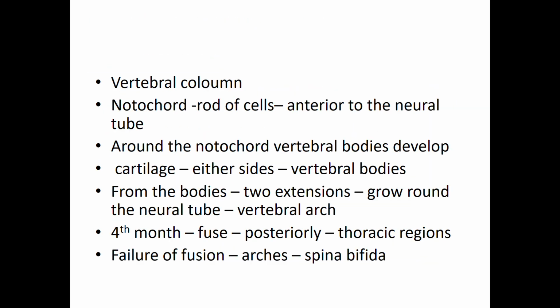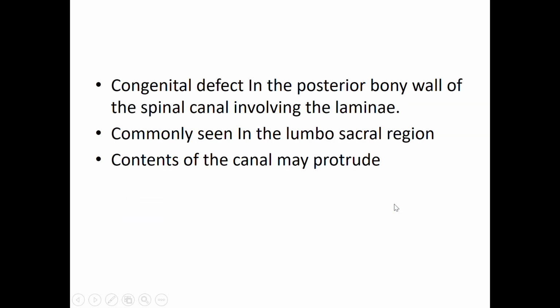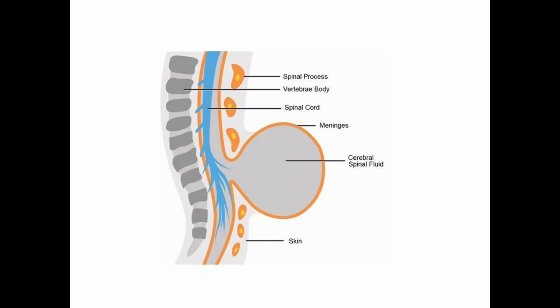In the later stages of life, this lumen of the neural tube continues as a central canal. So in the syringomyelocele, the problem is with the central canal.